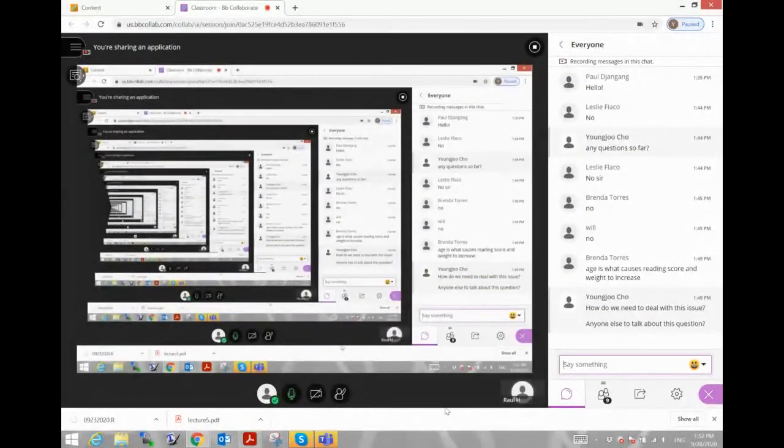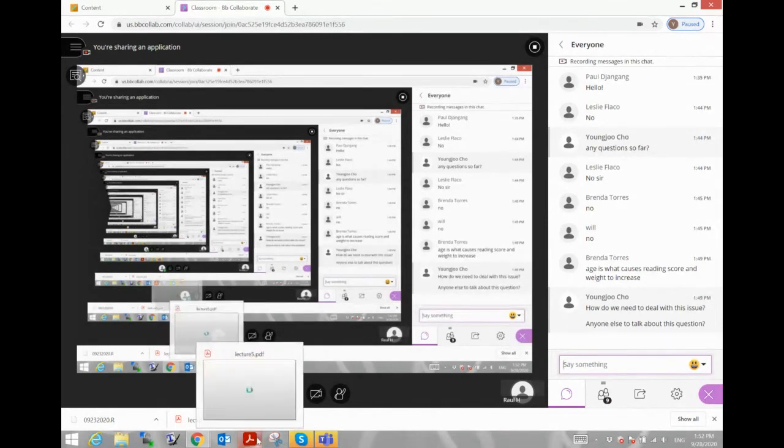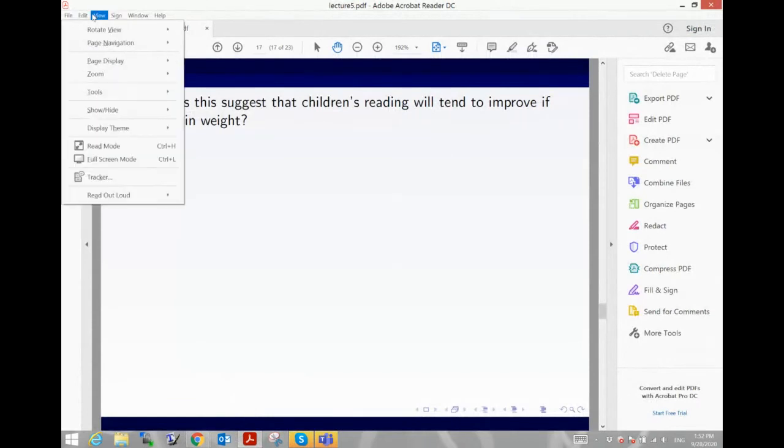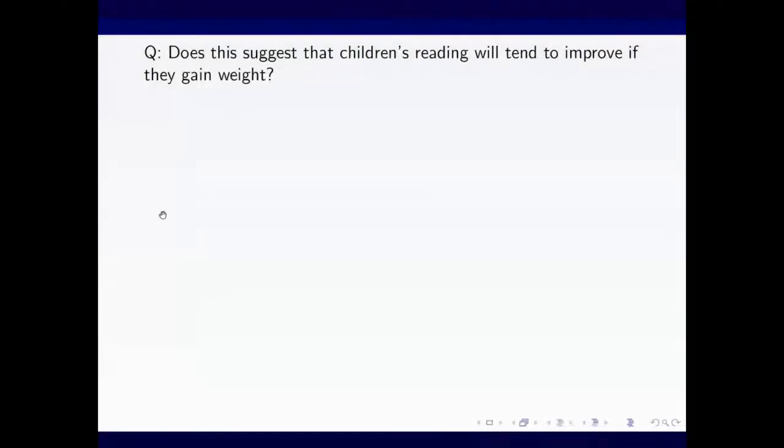Yes, so if we know that age is a confounding variable, what we can do is hold age fixed so that we control the effect of age on both children's reading and their weight gain. Yes, that's a very good point.